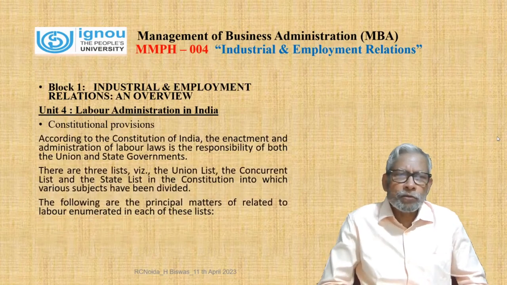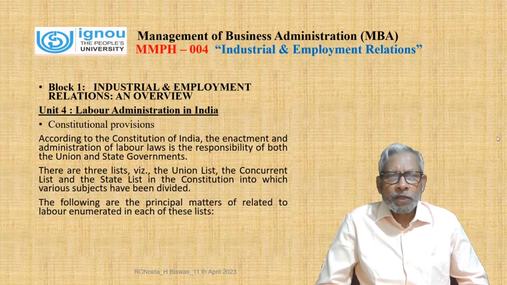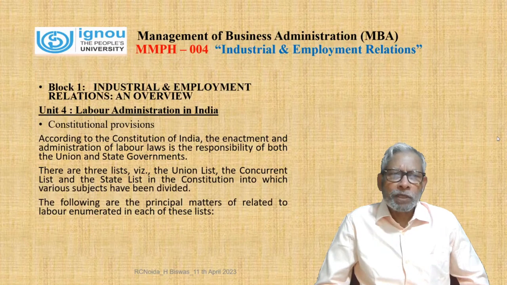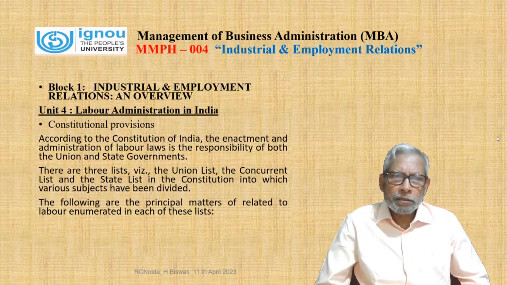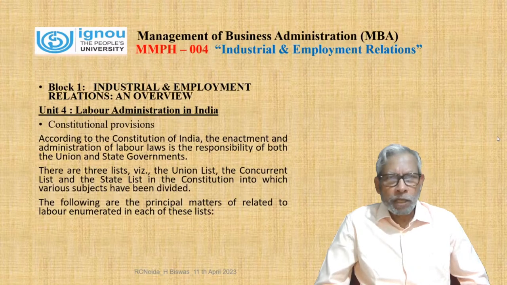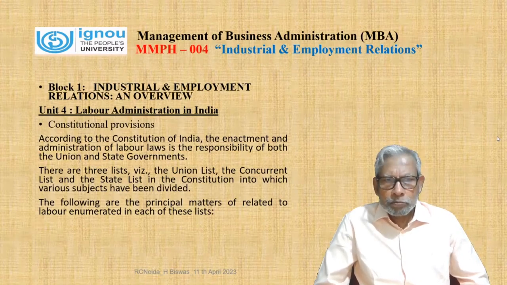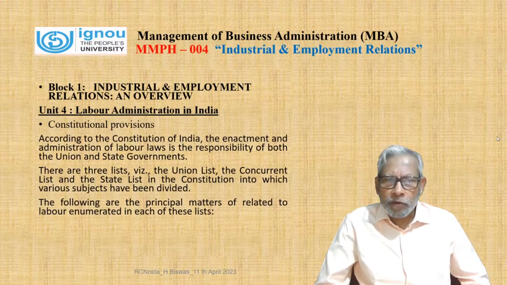Then, according to the Constitution of India, the enactment and administration of labor laws is the responsibility of both the union and the state governments. So responsibility lies with both the central government, I mean the union government, and the state governments. Everybody has to follow these constitutional provisions.